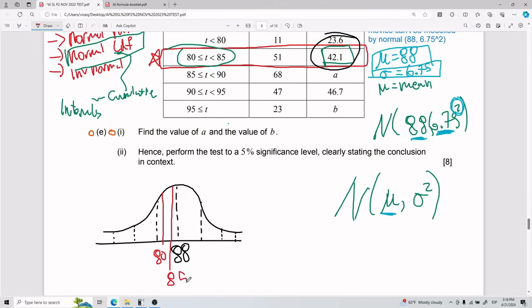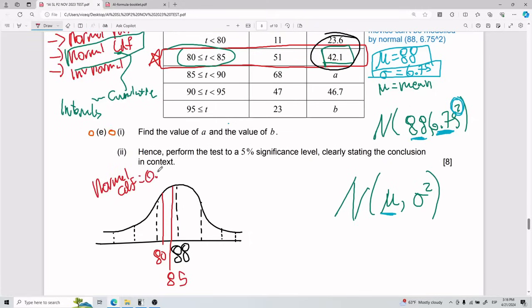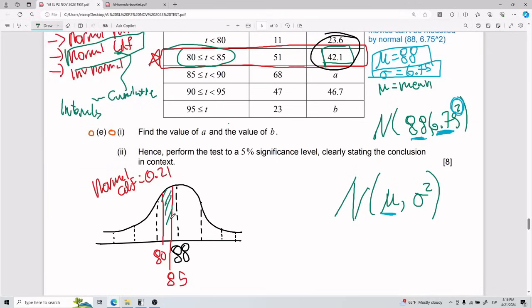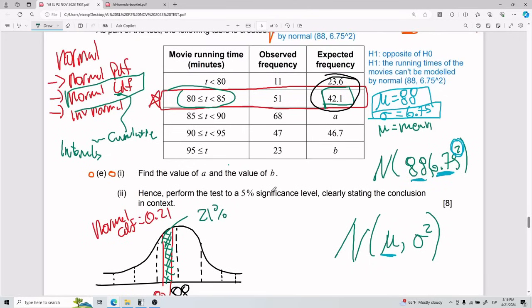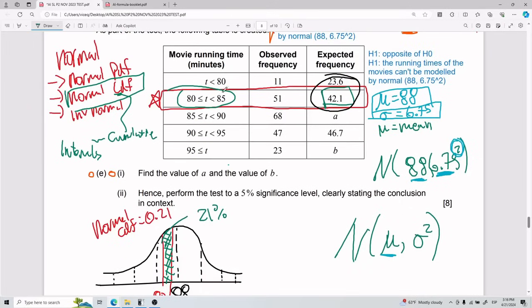If you put normal CDF with these values and we got 0.21, this 0.21 is actually the area under the curve. So this is 21%. That is what normal CDF just told me. And so the expected frequency between 80 and 85 is 21% of my data.